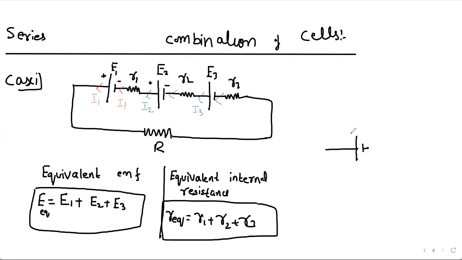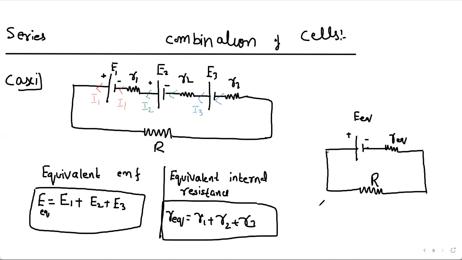So the equivalent cell will also have positive terminal to the left and negative terminal to the right. This is the EMF of the equivalent cell. This is the internal resistance of the equivalent cell. And this is the external resistance of the circuit.